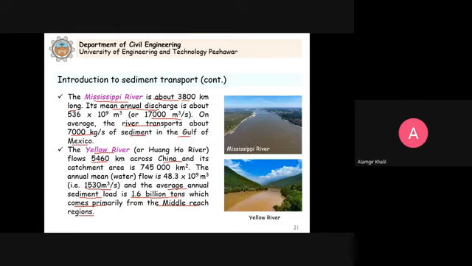You can see the color of the Yellow River. This is because of the sediments it carries. On average, 1.6 billion tons per year.